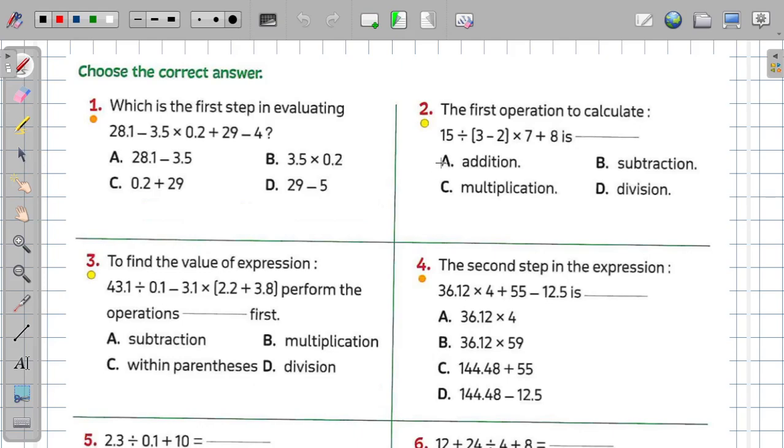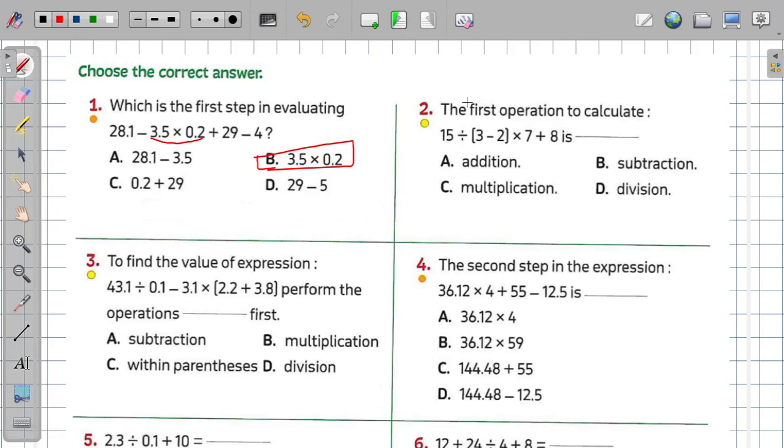So I have a subtraction operation, multiplication operation, addition operation, and subtraction operation again. So what is the first step? I think it's the multiplication operation first. So I will multiply 3.5 by 0.2, and this is the first operation of our order.